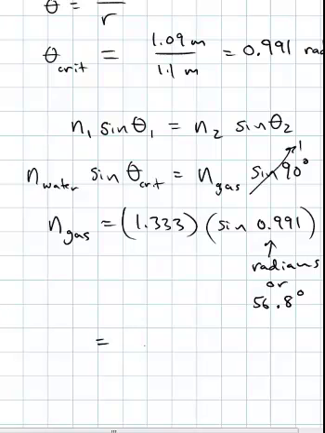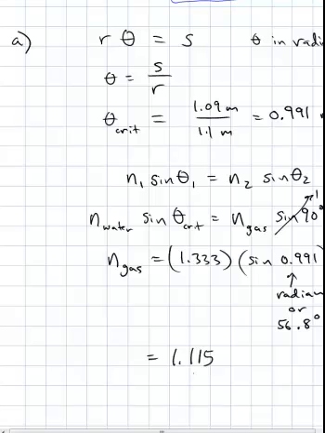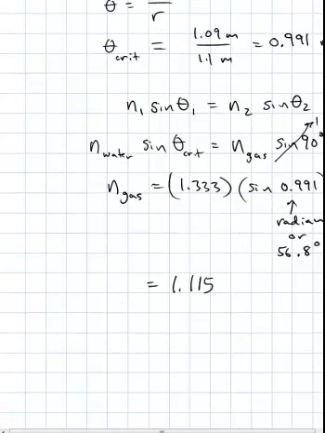So make sure your calculator's in the right mode, and I get 1.115 for my index of refraction. Now we can switch over and look at part B, where they're looking for the time it takes the light to travel those two distances. So let's take a look at that.